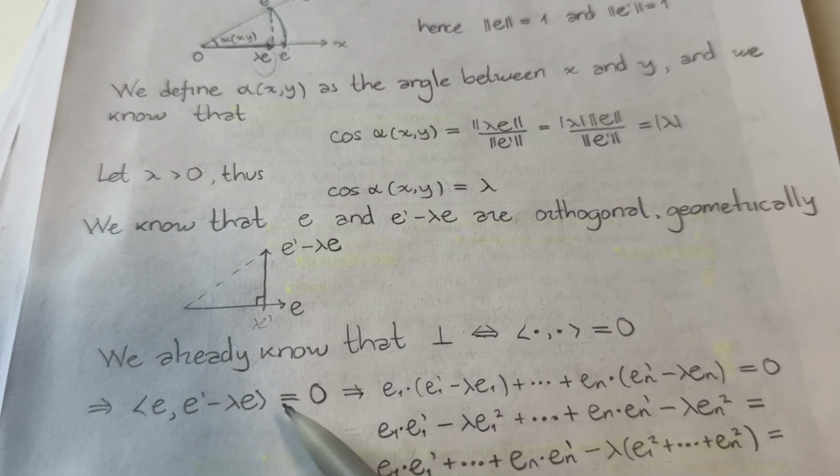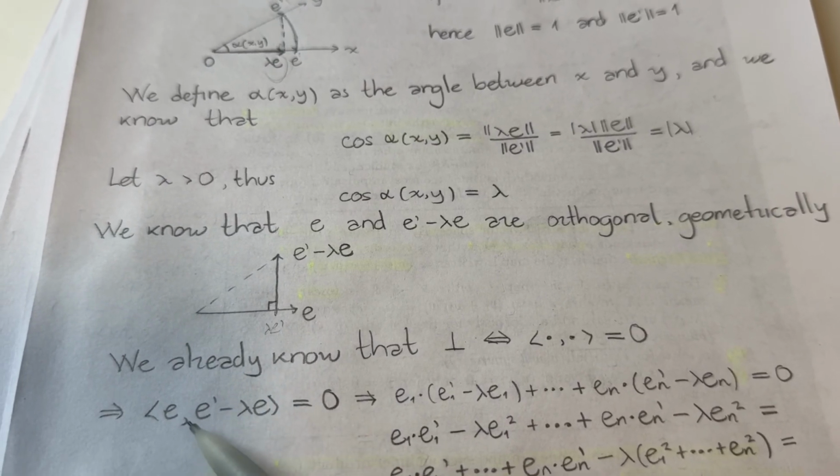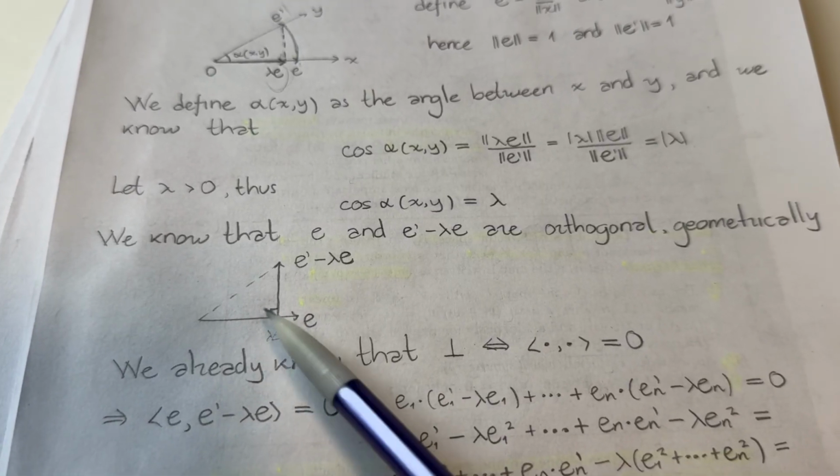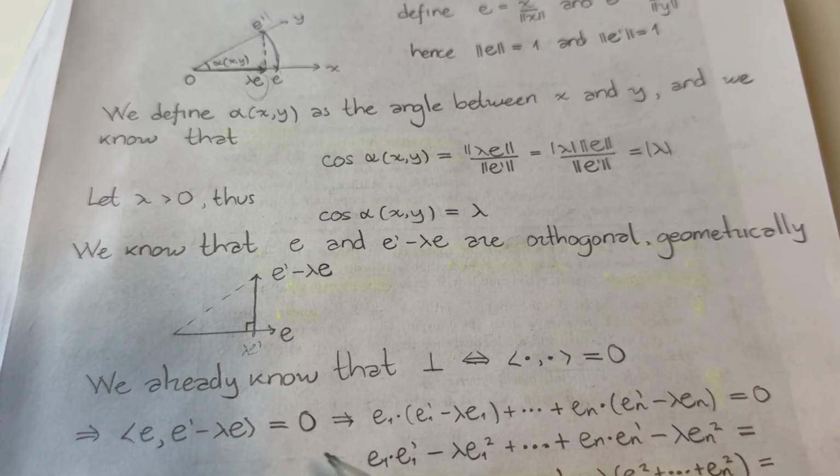So if we take the inner product of these two vectors, we should get 0, because these two vectors are orthogonal.